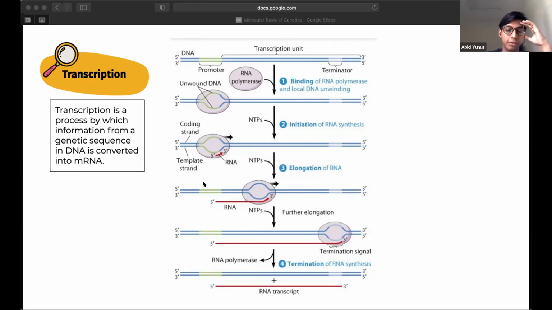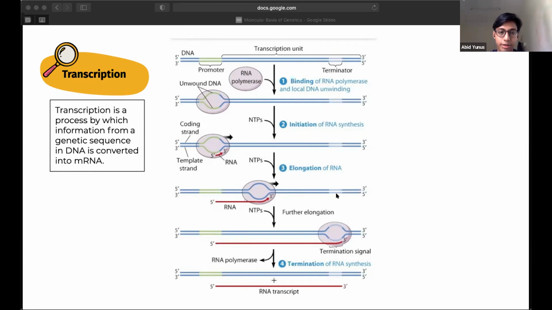Like I've mentioned before, because reading is done in a 3' to 5' direction, the template strand will be the one used for the synthesis of the RNA, and the synthesis will be done in a 5' to 3' direction.